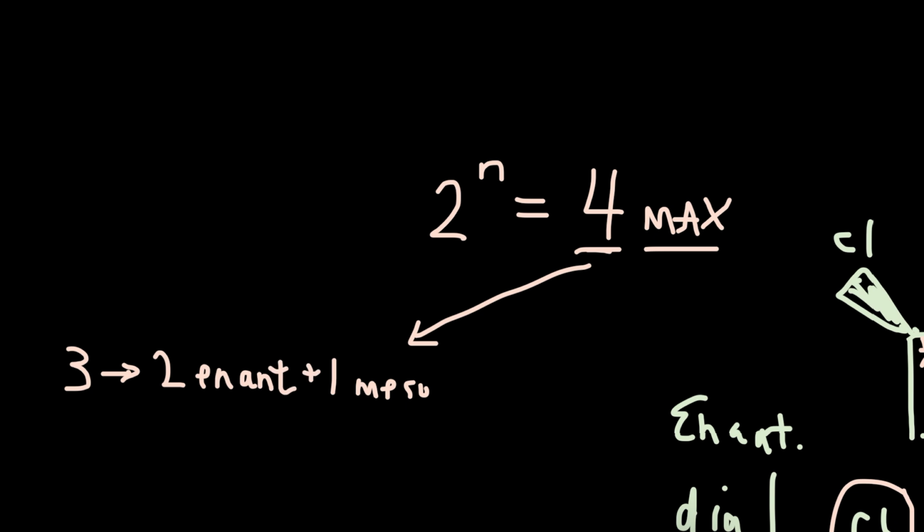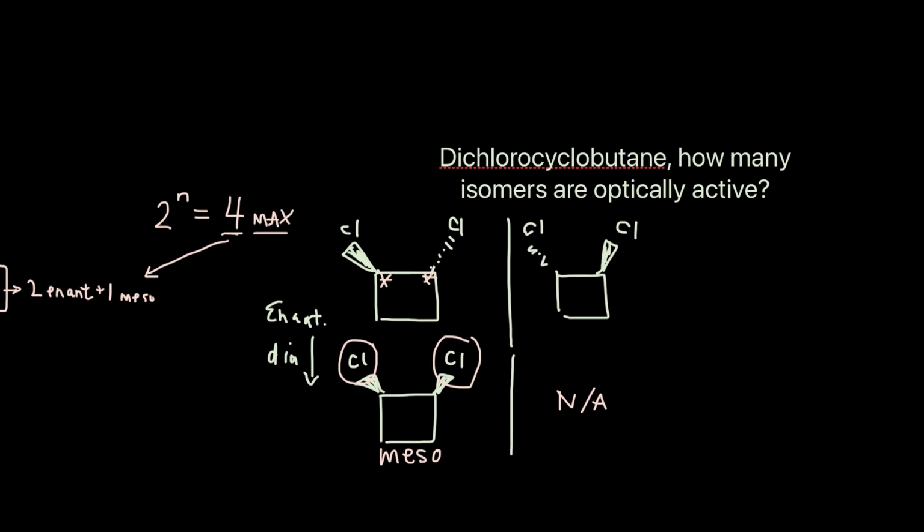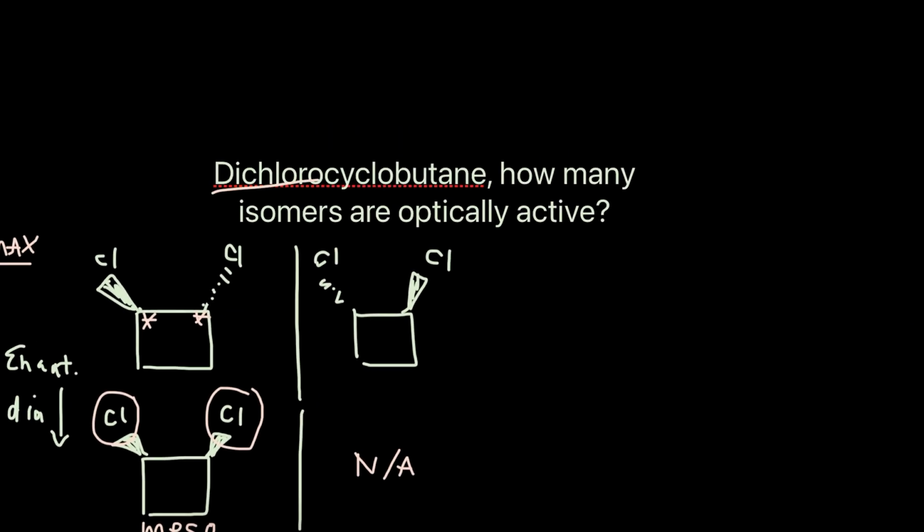Okay, you gotta make this your intuition. Gotta know it. So next time when you see dichloro or di-something cyclo-something, you're going to know, okay, I'm not going to get 4 stereoisomers, I'm going to get 3 because one is meso and the mirror image of the meso doesn't exist.